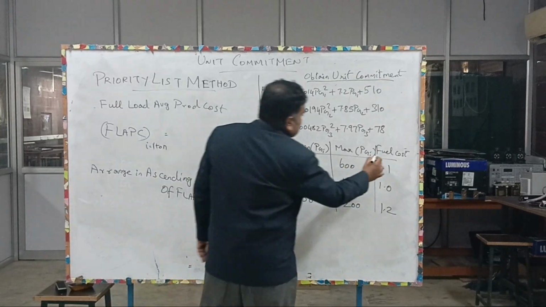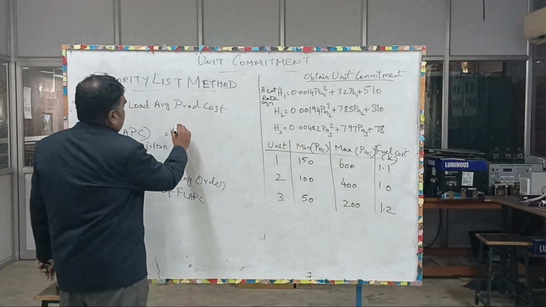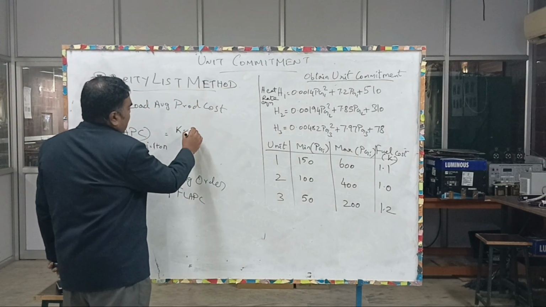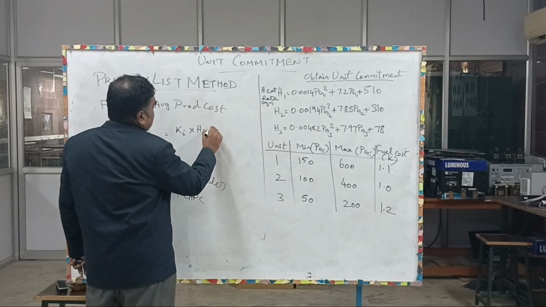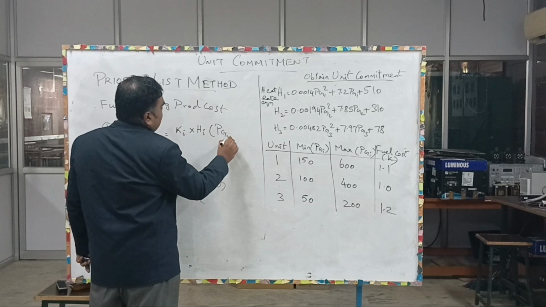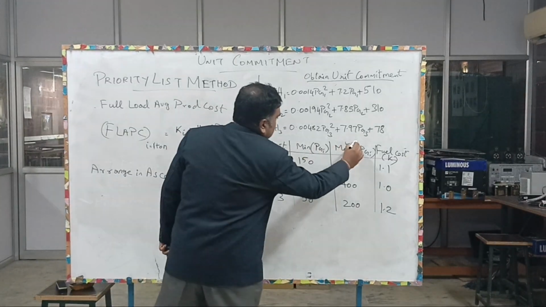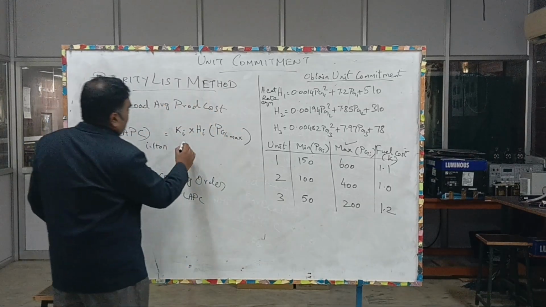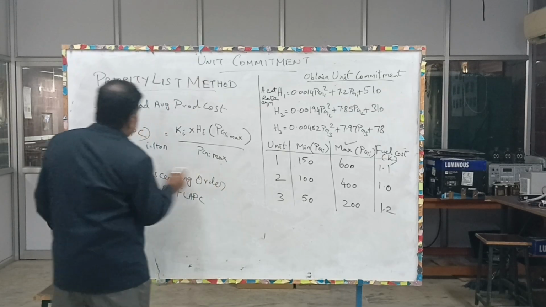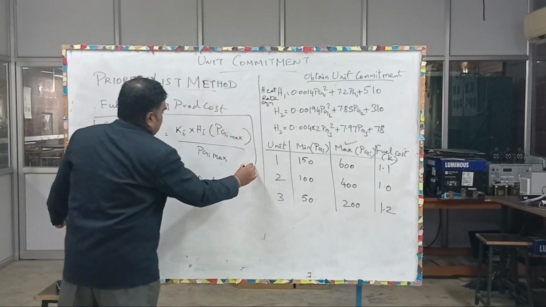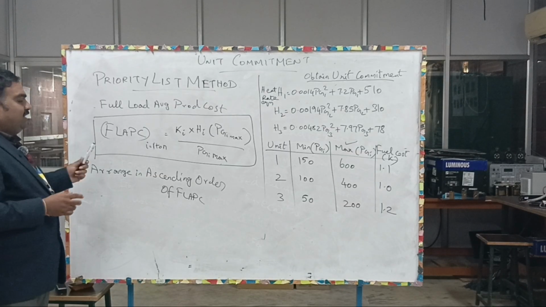So, this is the fuel cost K, you can call it by the name K. The FLAPC is the fuel cost of the ith generator multiplied by the heat rate of the ith generator at the generation maximum, divided by the generation maximum of that ith generator. So, this is going to be the formula for FLAPC. Kindly note this down.